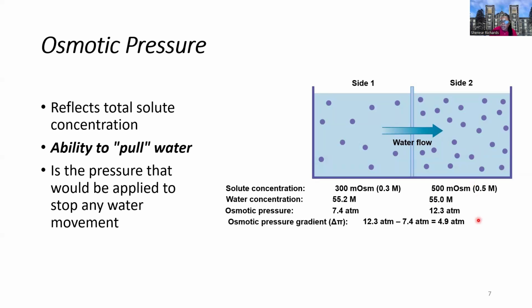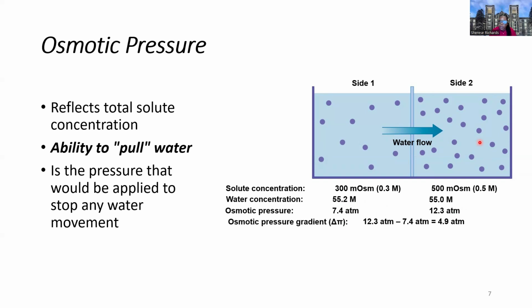In terms of the units that we can use to measure that force, that pulling pressure can be expressed as a force or a pressure, and the units that we use are atmospheres, just like with any other force, like gravity. So we can think about side one as having a lower osmotic pressure, 7.4 atmospheres, and side two as having a higher or stronger osmotic pressure at 12.3 atmospheres.